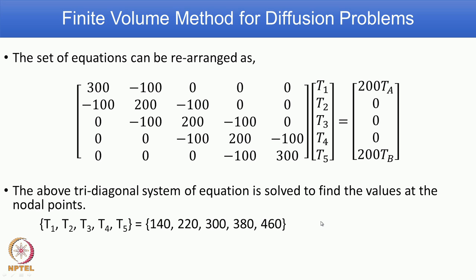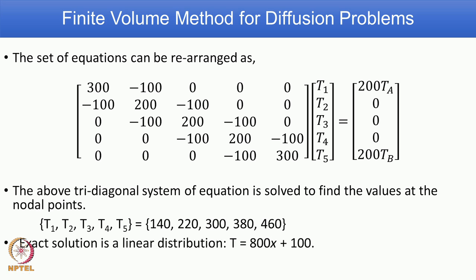For this simple problem, an analytical method of getting the solution is possible, and that is what is referred to as the exact solution. Because it is a simple problem without any source term, it happens to be a linear distribution, temperature equal to 800x plus 100, running from the left side to the right side.